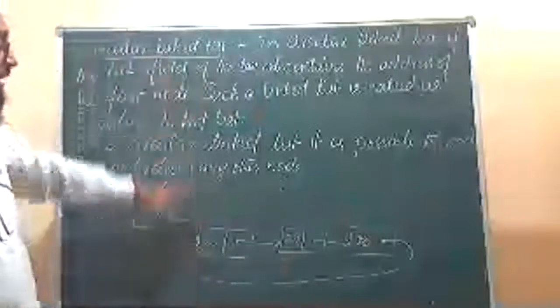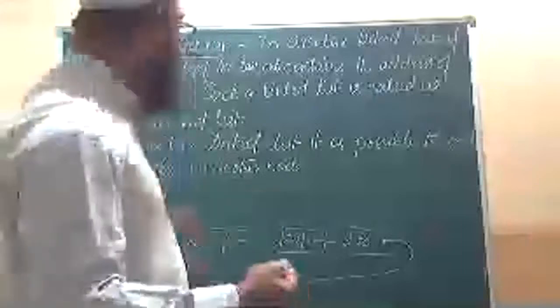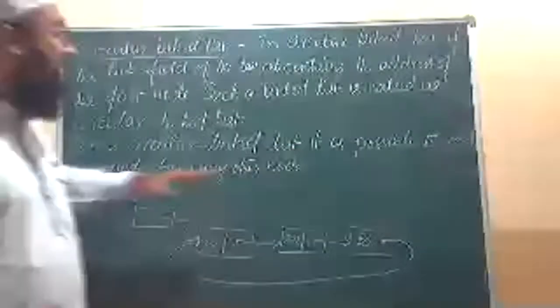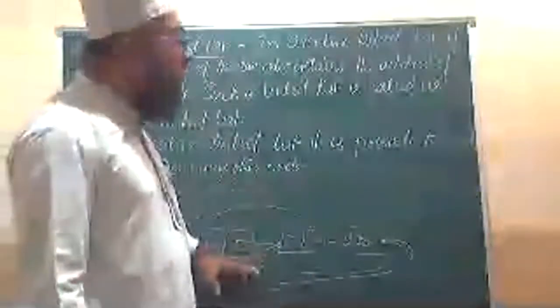One more advantage is that in a circular linked list, it is possible to reach any node from any other node. If you want to reach from this node to any other node, you can reach easily, or from this node to the first node, you can reach easily.